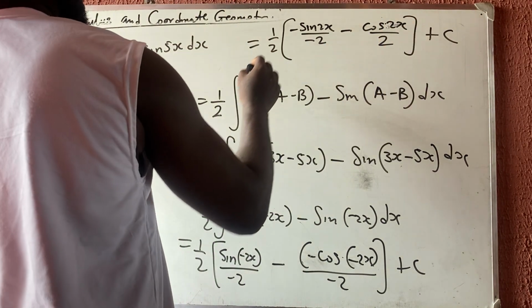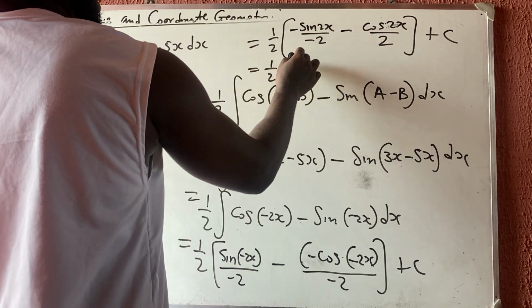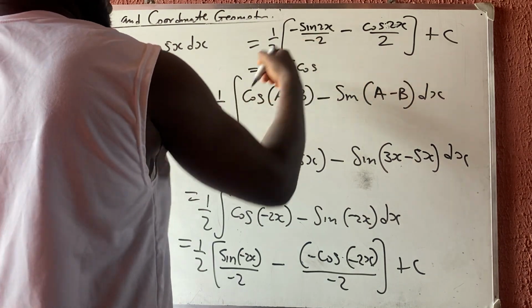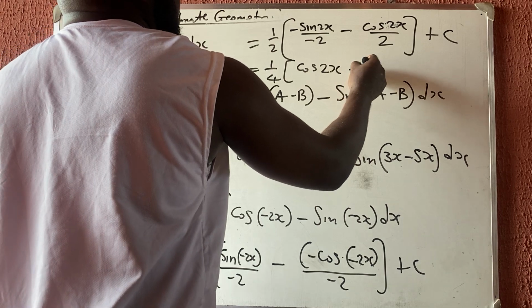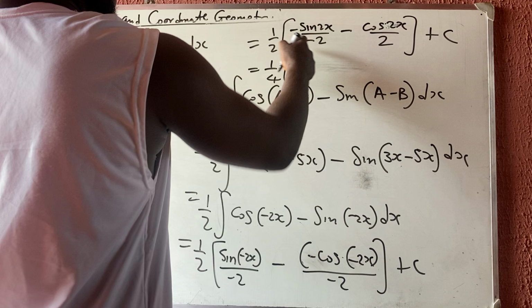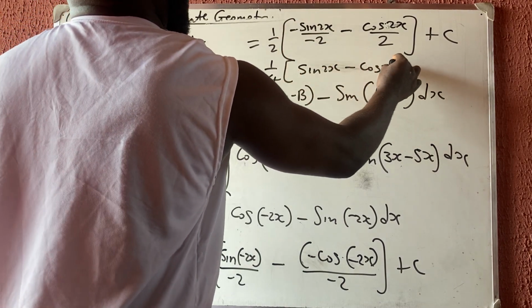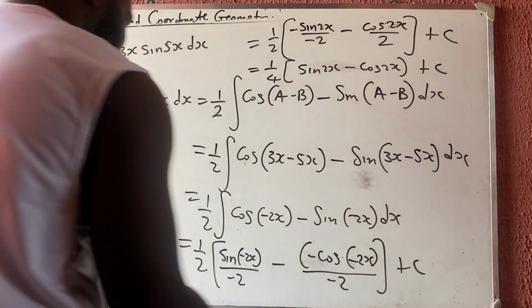Finally minus is plus, so I have 1 over 2 into 1 over 4. If I bring out the 2 they have in common, 1 over 4 into cos 2x minus sine 2x minus cos 2x, plus a constant. So that is the result of that.